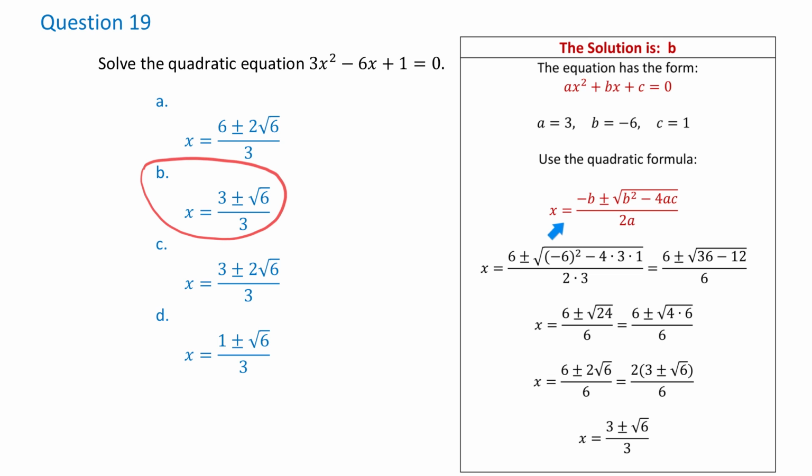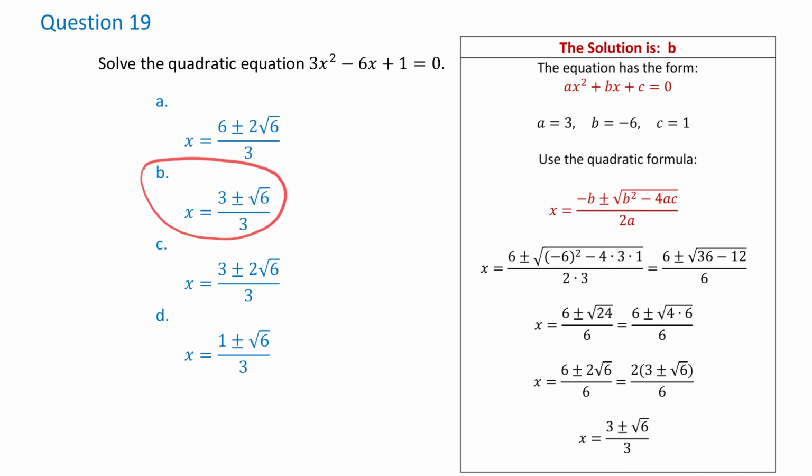That is x equals negative b plus or minus the square root of b squared minus 4ac, over 2a. If in this formula we replace a, b, and c with the numbers above and we simplify this expression, then we get that the solution is 3 plus or minus the square root of 6, over 3.